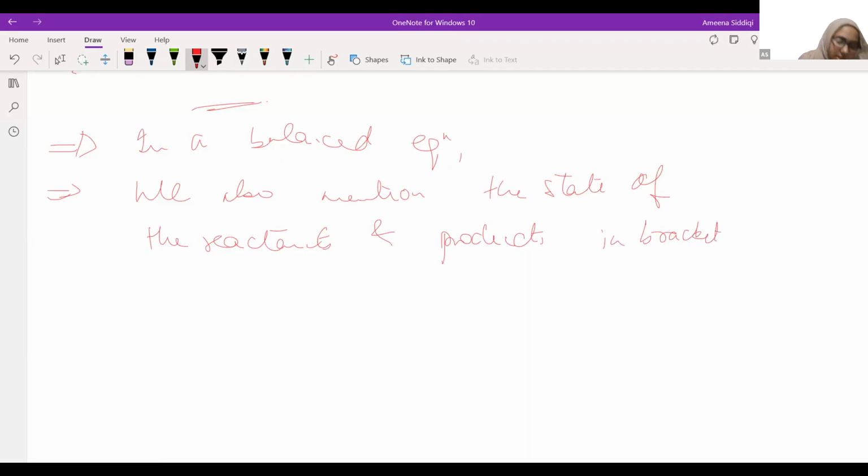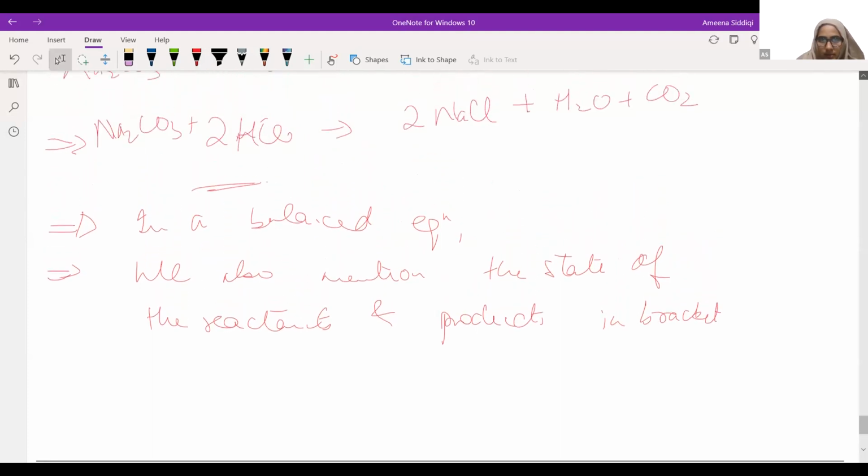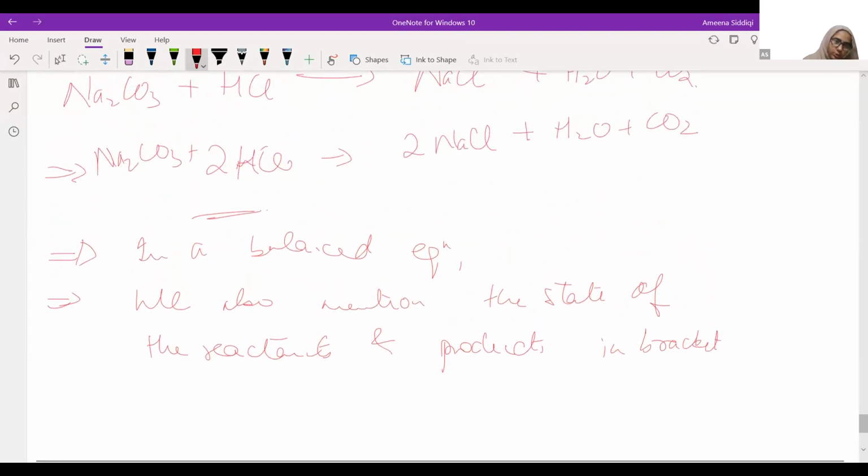Example, take the same equation that we just mentioned. Sodium carbonate would be solid, so we mention s, small s, in the subscript. But if it is mixed with water, what will it be represented as?